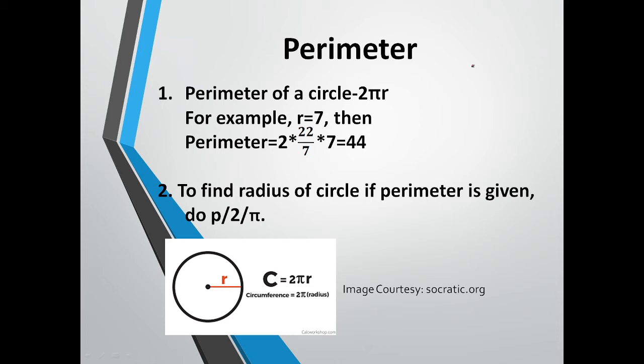So if we take out the ratio of 44 to 14, we cancel it out. We should get 22 by 7. Yes, 2 into 22 is 44, and 2 into 7 is 14.